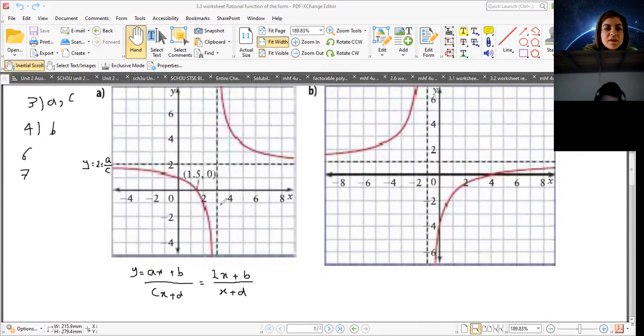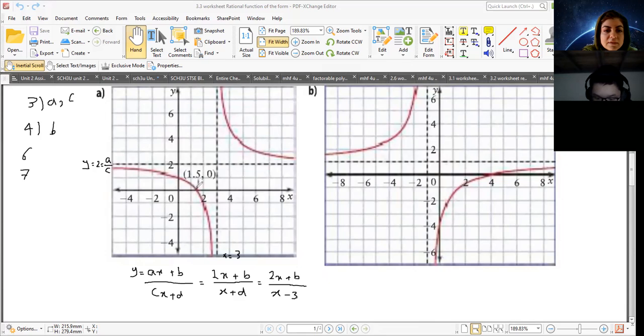Also, I know my vertical asymptote is x equals 3. So x equals 3 should be the zero in the denominator, so it's going to be x minus 3, right? And I know the x-intercept here is 1.5, then your y is 0, right?